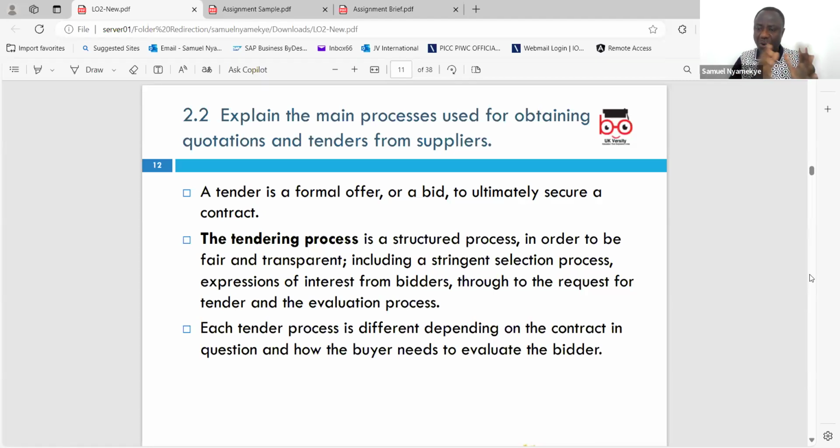So you have your quantity, your description of the items, your unit of measure. You can even state what sort of currency you want. So you put all these together and you send it to the vendor.